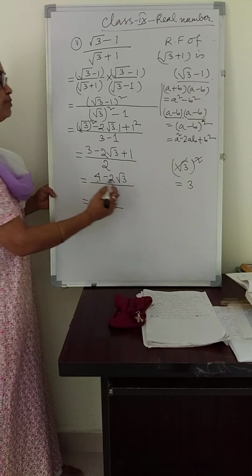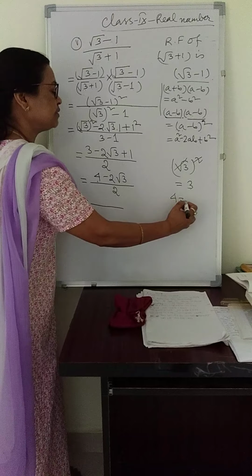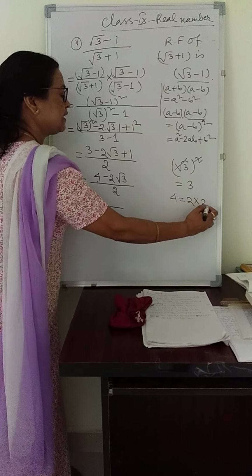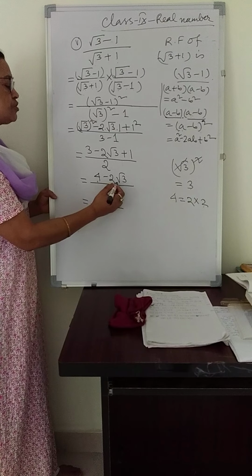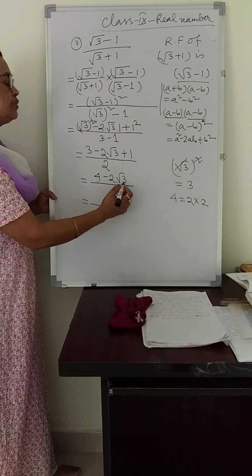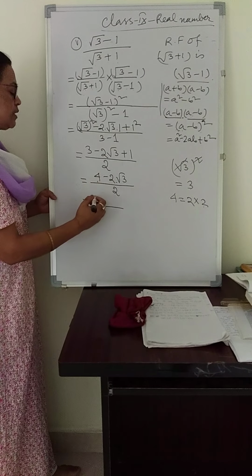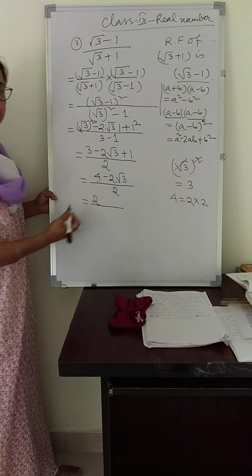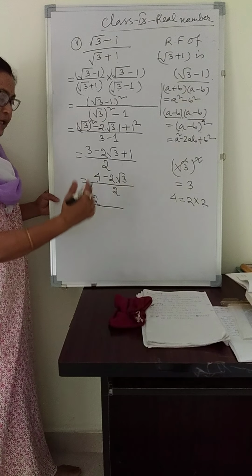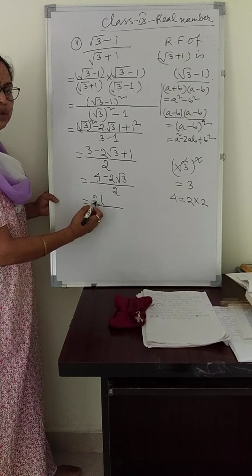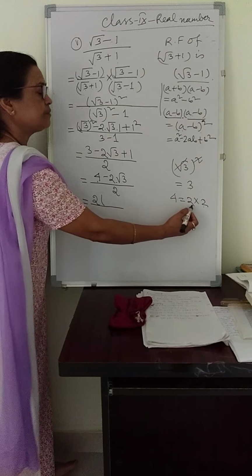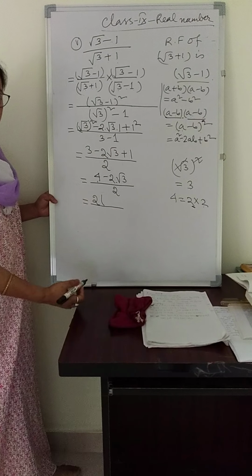Yes. You see 4 means 2 into 2. That means 2 is a factor of 4. And here also 2 into root 3. So that is why we can take 2 as a common factor outside. From 4, if we take 2 outside, what is the remaining factor? That will be 2.